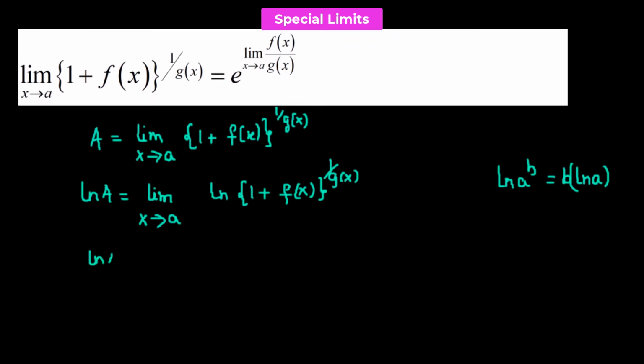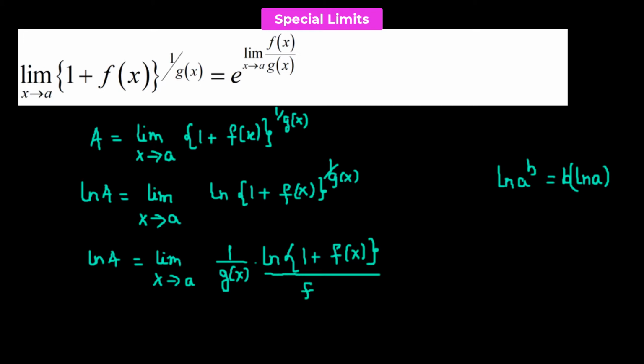natural log of a is equal to the limit as x approaches a of 1 over g of x multiplied by natural log of 1 plus f of x. Now we are going to divide the log by f of x and multiply it with f of x.